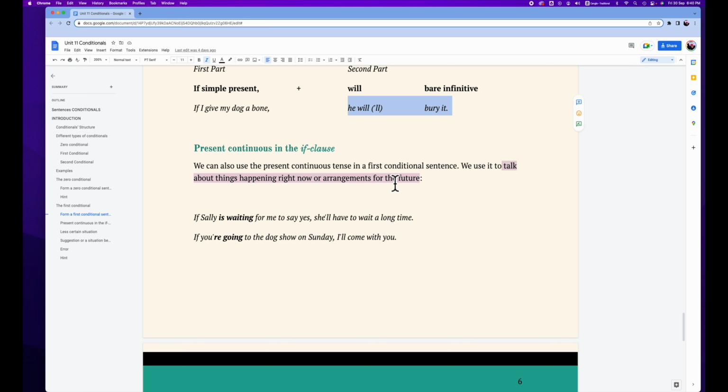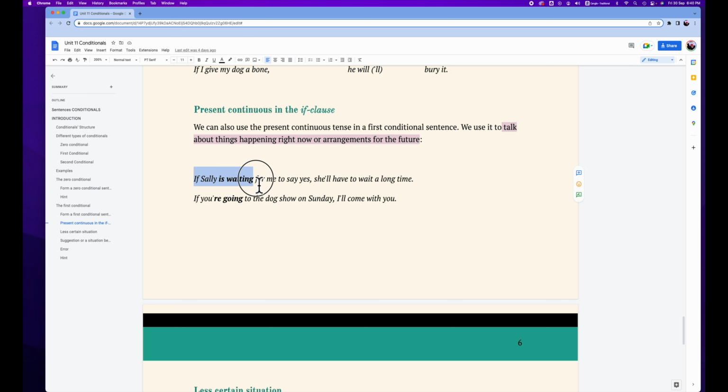We can use continuous tense at part A, to talk about things happening right now or for future arrangements, which means continuous tense and future tense. For example, if Sally is waiting for me to say yes, she will have to wait a long time. If you are going to the dog show on Sunday, I'll come with you. Both of these are either happening or will happen, but we never use will plus a bare infinitive in part A.